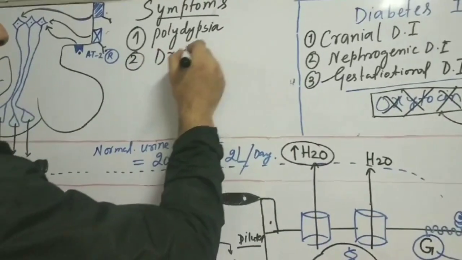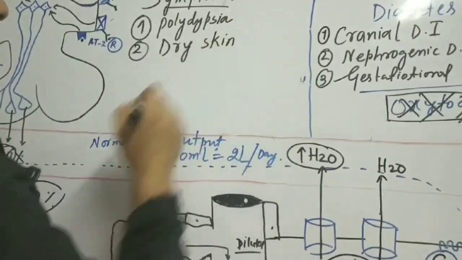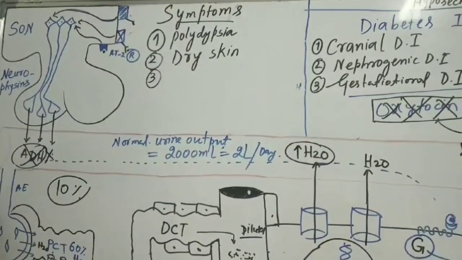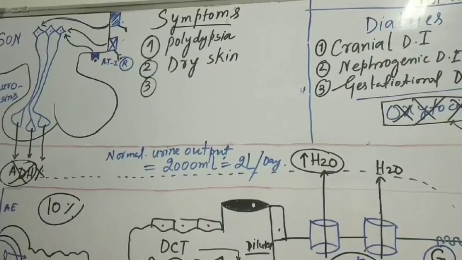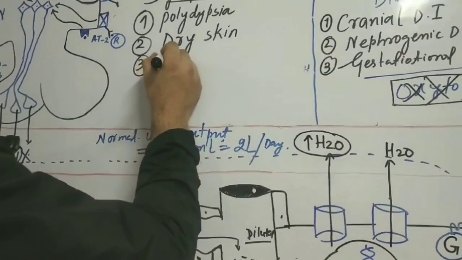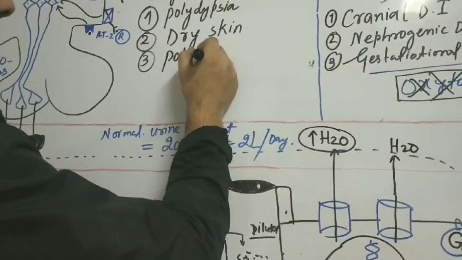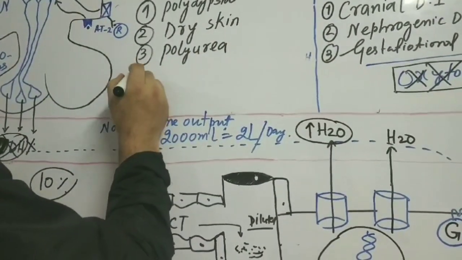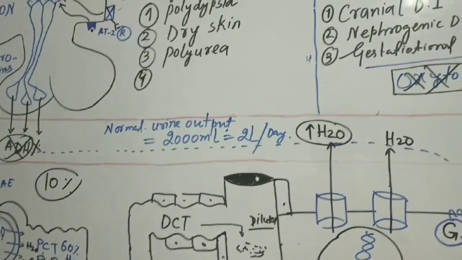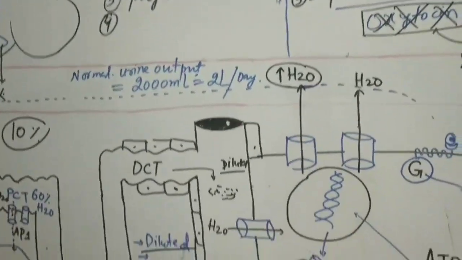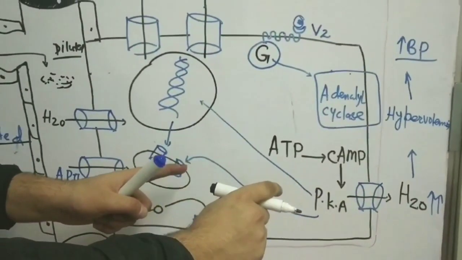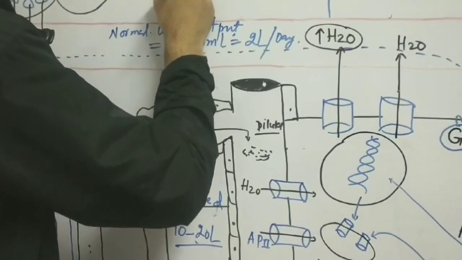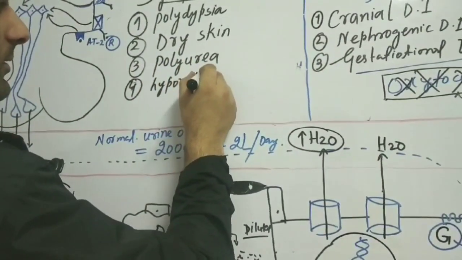Dry skin. Third, there will be polyuria. Polyuria means a higher or excessive amount of urine. Another symptom, the fourth one: the water is not reabsorbed, so there will be hypovolemia.